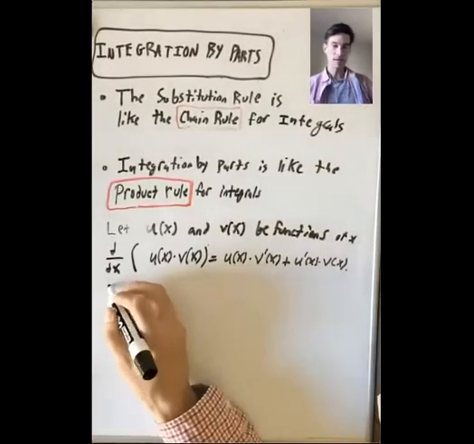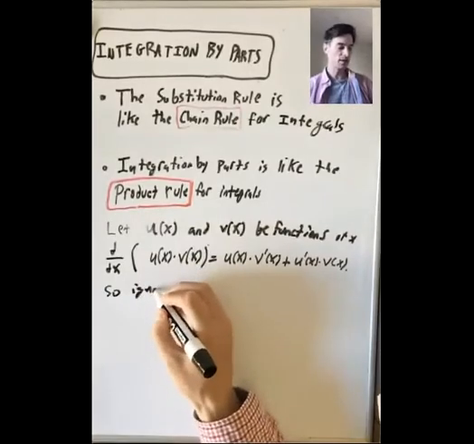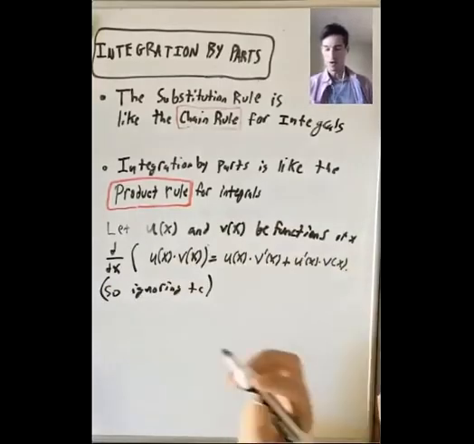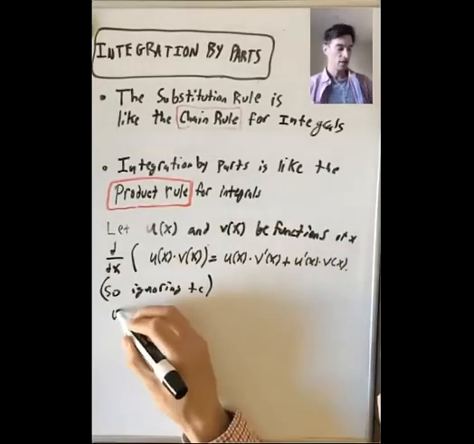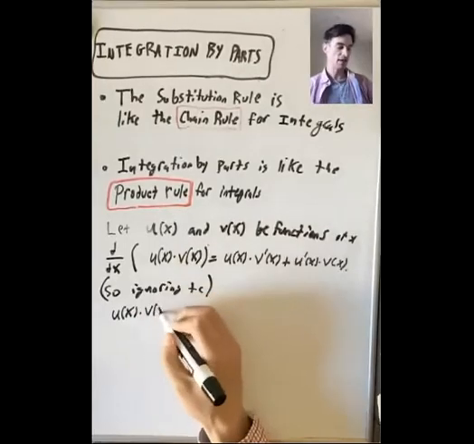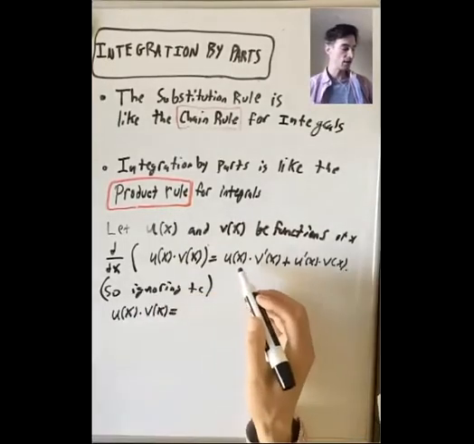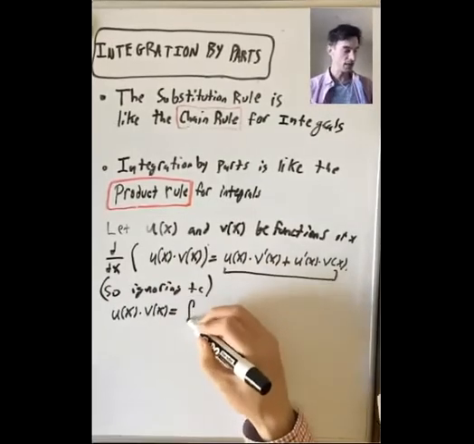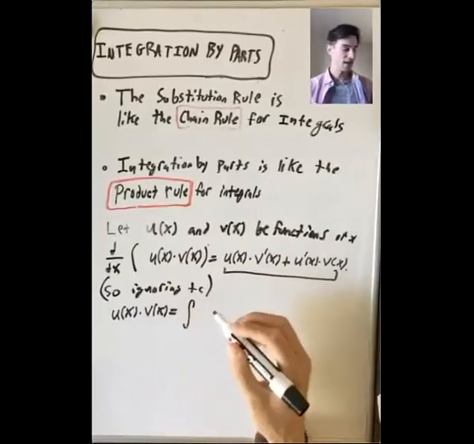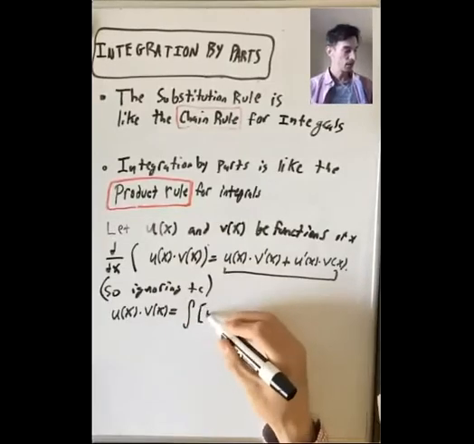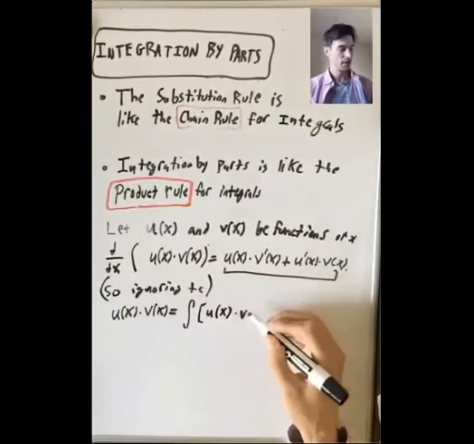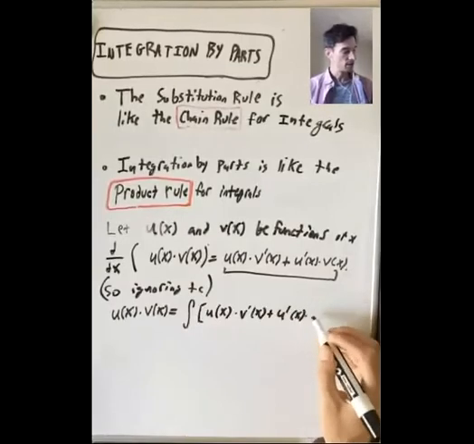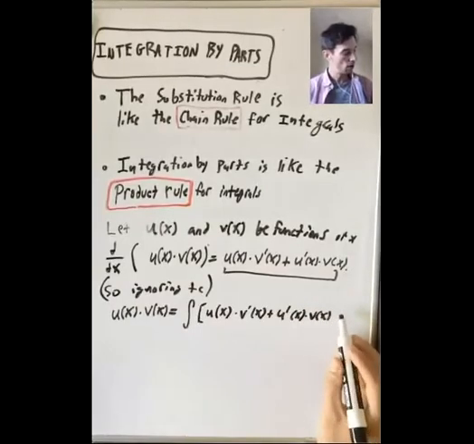So what does that mean? Ignoring the plus c for now, what that means is that u of x times v of x is an antiderivative of this function. So using the indefinite integral notation, u x times v x is the integral of u of x times v prime of x plus u prime of x times v of x, all dx.